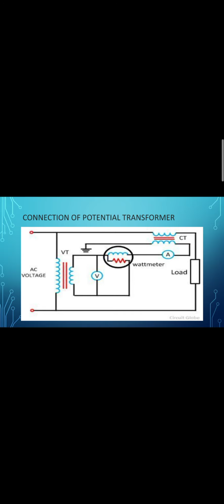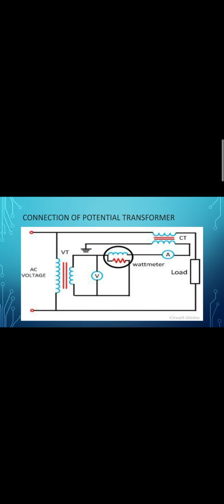In this diagram we connect CT and PT both. In the upper portion you can clearly see that there is a CT, and in the left section you can see VT, meaning voltage transformer or potential transformer.